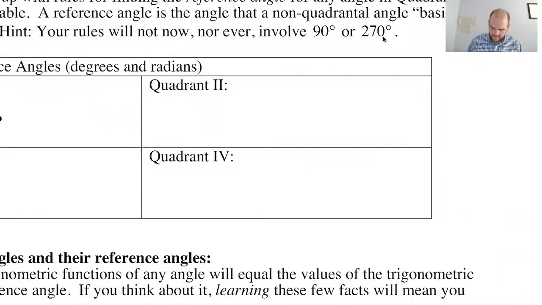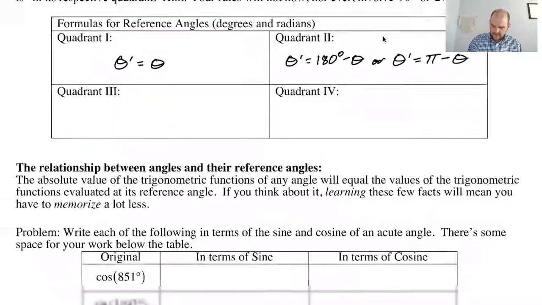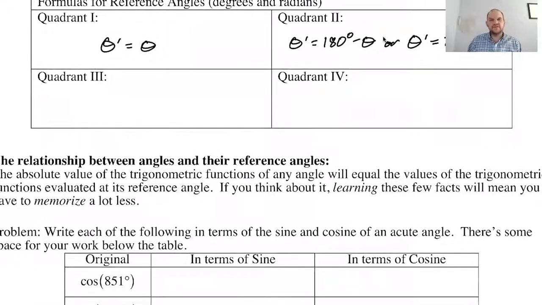So here, how far short of 180 are you? Theta prime is 180 minus theta, or in radians, theta prime would be pi minus theta. And you do a lot of these in degrees, to be honest.